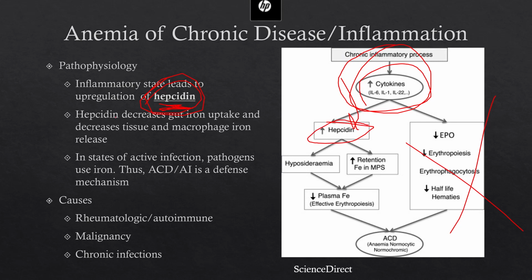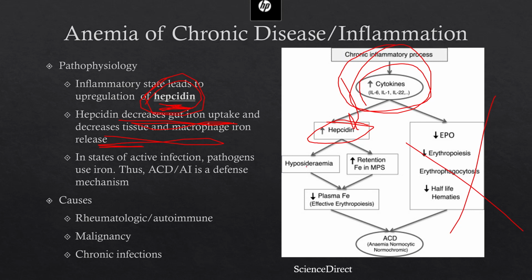When you have hepcidin, what does hepcidin do? It decreases your gut iron uptake. Decreases the uptake, and it also decreases tissue and macrophage release of iron. So it's doing two things. It's preventing you from uptaking it, and then the iron you have, it's holding in storage form. It's not allowing your cells and tissues to release the iron into the blood.